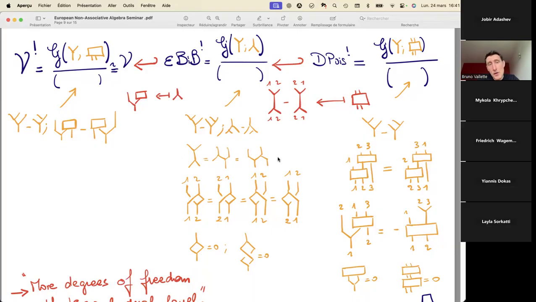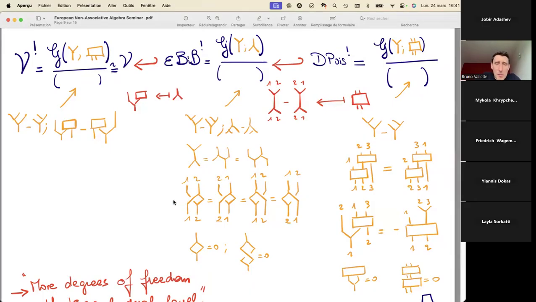Here you have that they are equal. Before, in infinitesimal bialgebras, this was a derivation with respect to that. Now this is a morphism of modules. You consider A to be a module over itself with the product, and you ask that this is a morphism of modules. So derivation, its Koszul dual becomes morphism of modules.